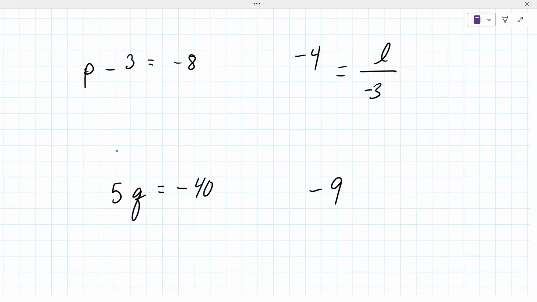So here are 4 equations for you to solve. So one would be -8 is equal to positive 3p, so p equals -5.